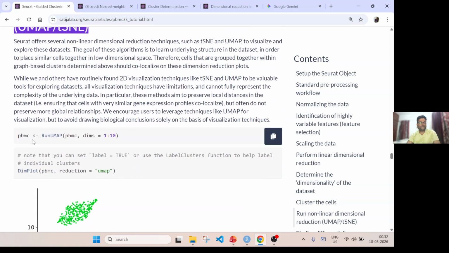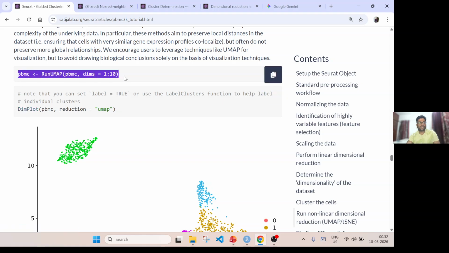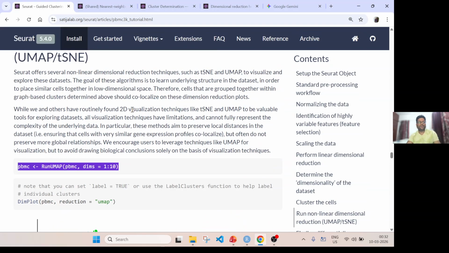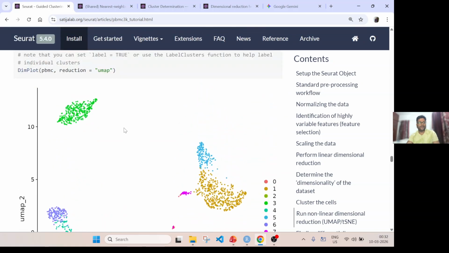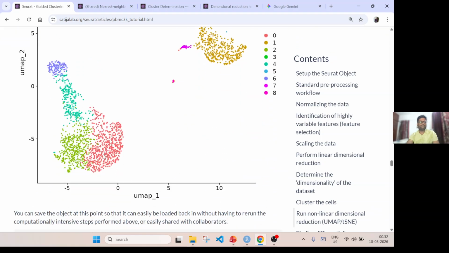Just to show you one quick visualization, you will see this kind of plot. In this example with the default we got 10 clusters, so this is one cluster, this is one cluster, like that you will get in the plot.